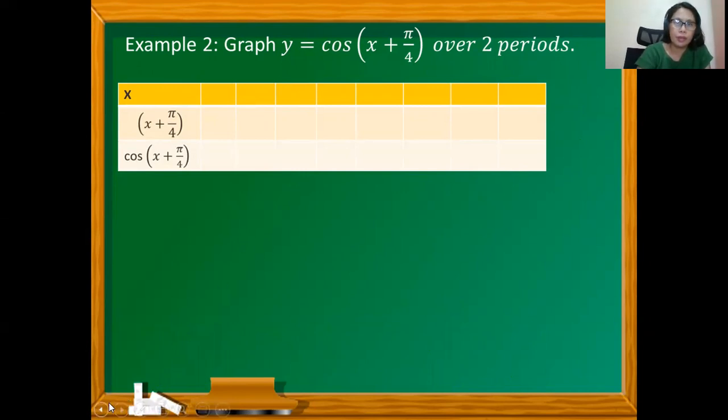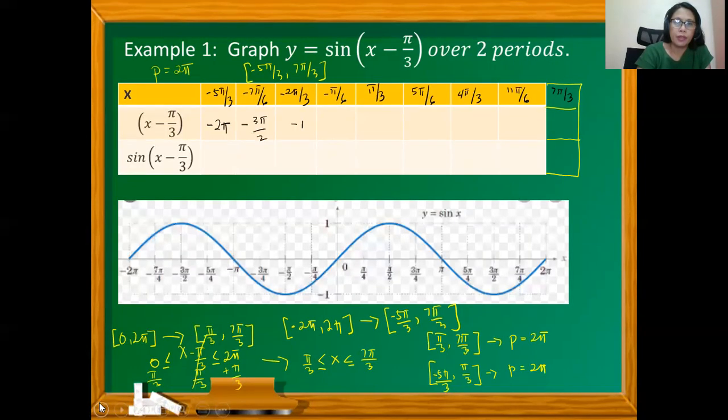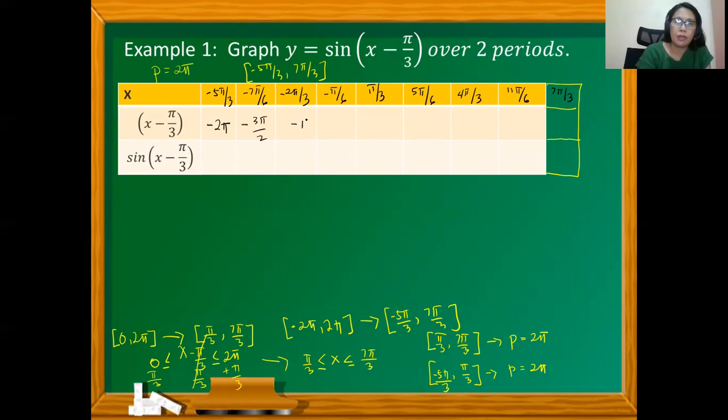And then negative pi over 6 minus pi over 3, we have negative pi over 2. Pi over 3 minus pi over 3, so this is 0. 5 pi over 6 minus pi over 3, we have pi over 2. And then 4 pi over 3 minus pi over 3, we have pi. 11 pi over 6 minus pi over 3 is 3 pi over 2. And 7 pi over 3 less pi over 3 is 2 pi.